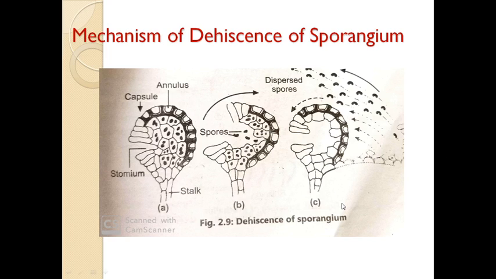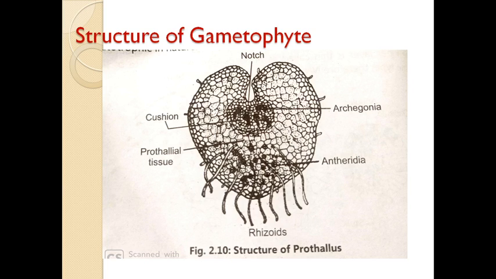The outer layer is thick and brown, known as the exosporium, while the inner layer is thin, called the endosporium. All the spores are of the same type, therefore Nephrolepis is homosporous. An MCQ is asked: Nephrolepis plant is homosporous or heterosporous? So students, remember that the Nephrolepis plant is homosporous.